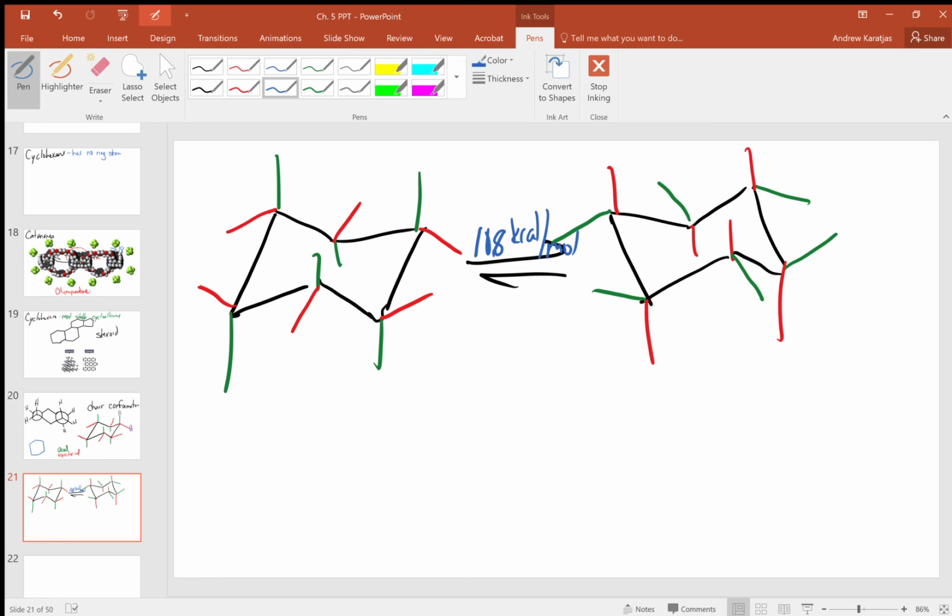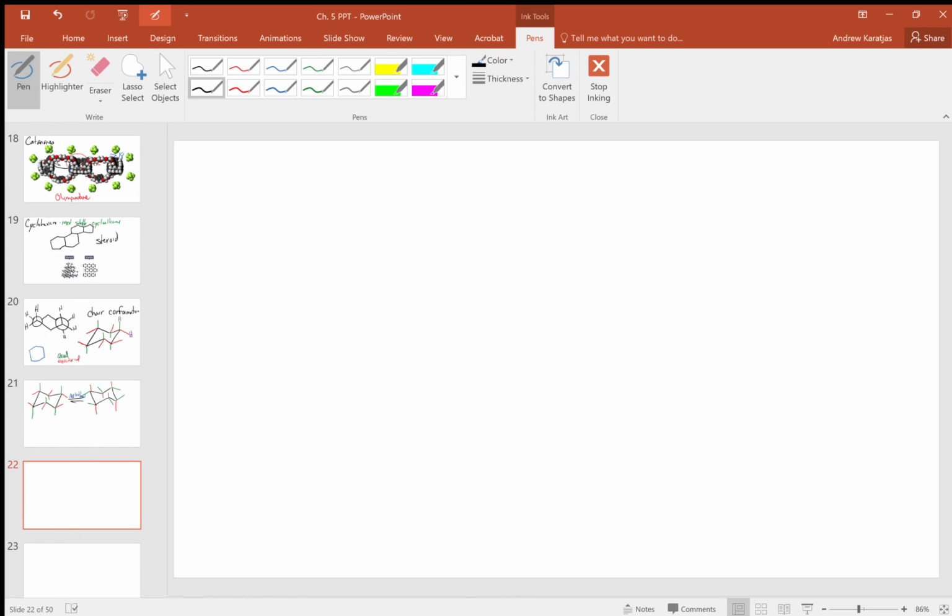But this chair conformation is not the only conformation for cyclohexane. There are actually a number of others, things such as the half chair and the twist boat. And then the other one that I'm going to show you in more detail, which is known as the boat conformation. So what I want you to do now with your cyclohexane model is twist it a little bit. Remember, you don't have free rotation anymore, but you can move the bonds around a little bit.